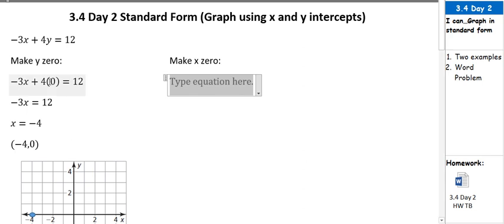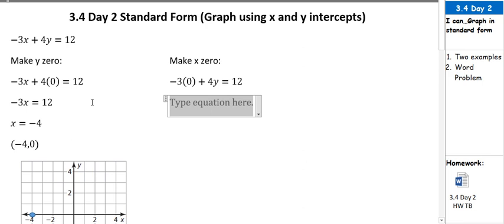If I have negative 3x plus 4y equals 12, and I'm going to make x 0, that means I have negative 3 times 0 plus 4y equals 12. That means that I have 4y equals 12, because negative 3 times 0 is 0.